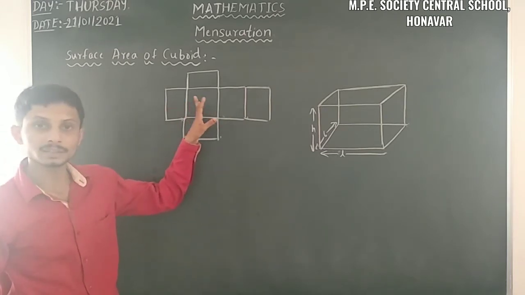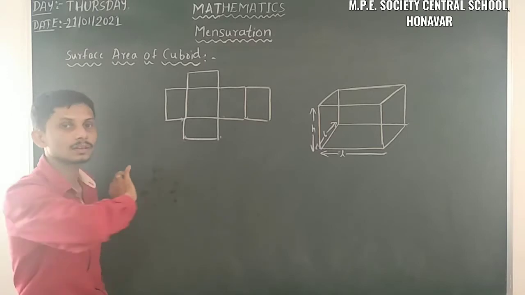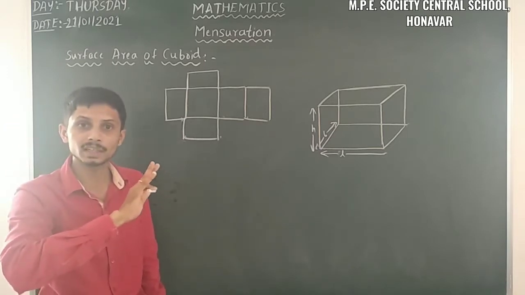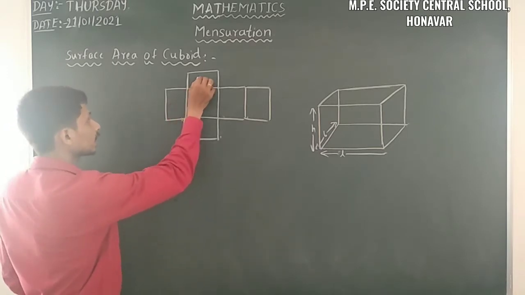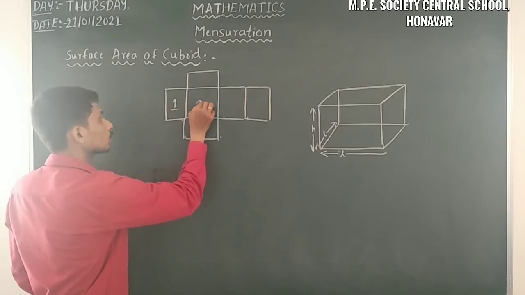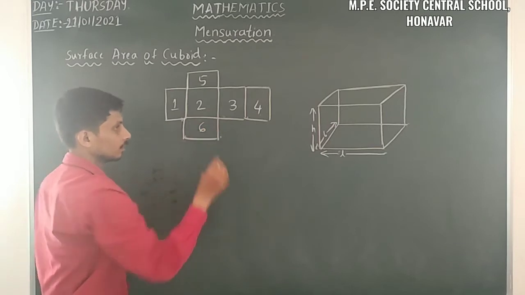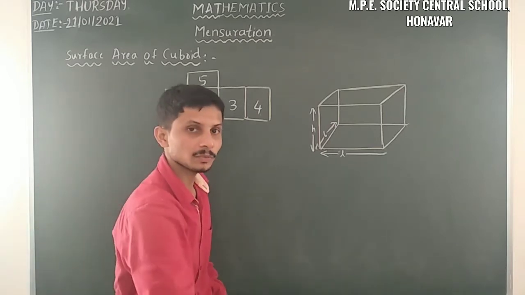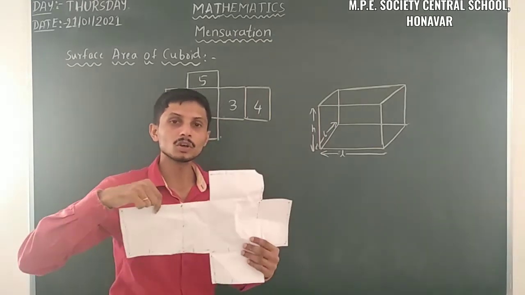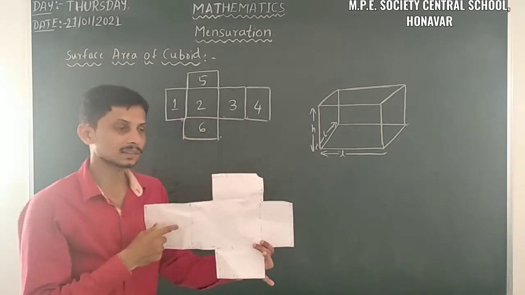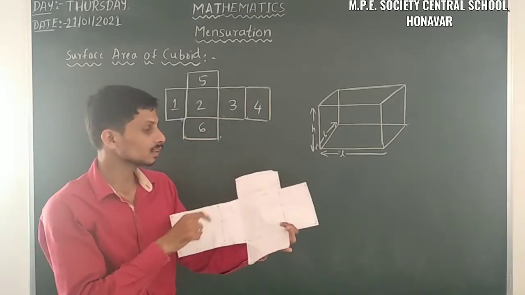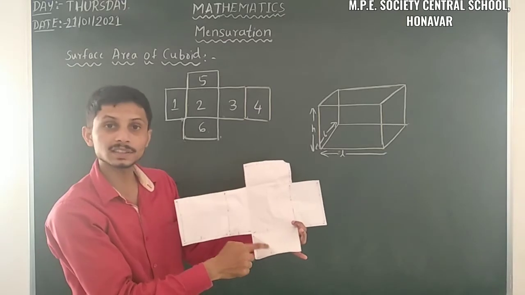Here just observe there are 6 faces. We can take each face and give each a name. I will take them as 1, 2, 3, 4, 5 and 6. Just refer here. With reference to this, we have to write the length, breadth and height. Just observe, top and bottom faces are length into breadth.